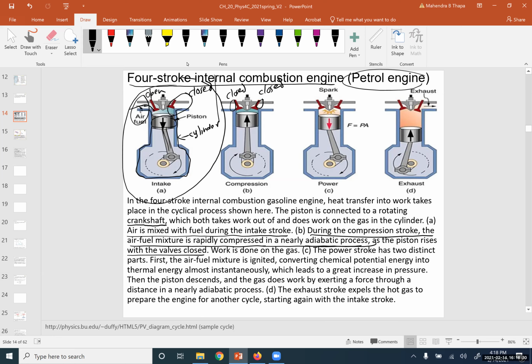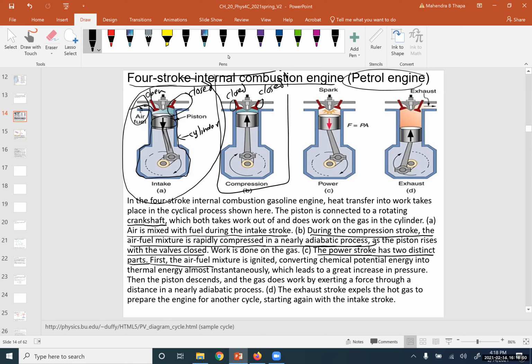This is the second stage of the engine. Next is the actual motion, the actual role that the piston plays here. This is called the power stroke, which has two distinctive parts.